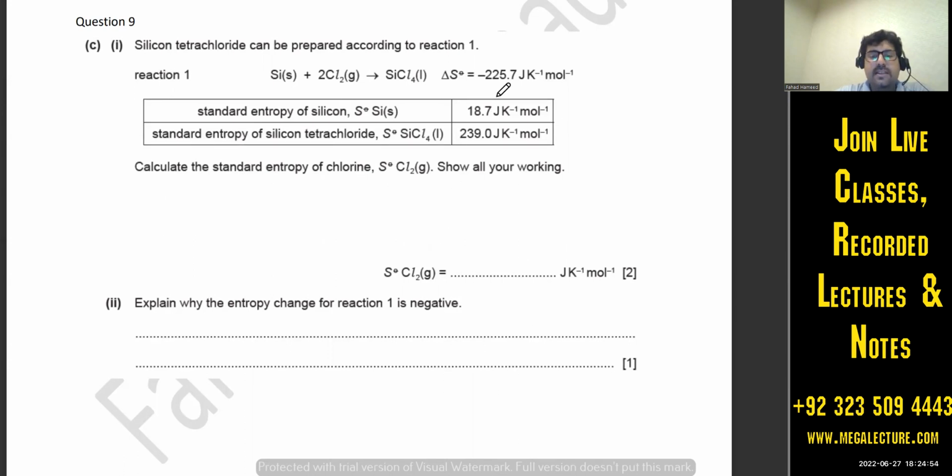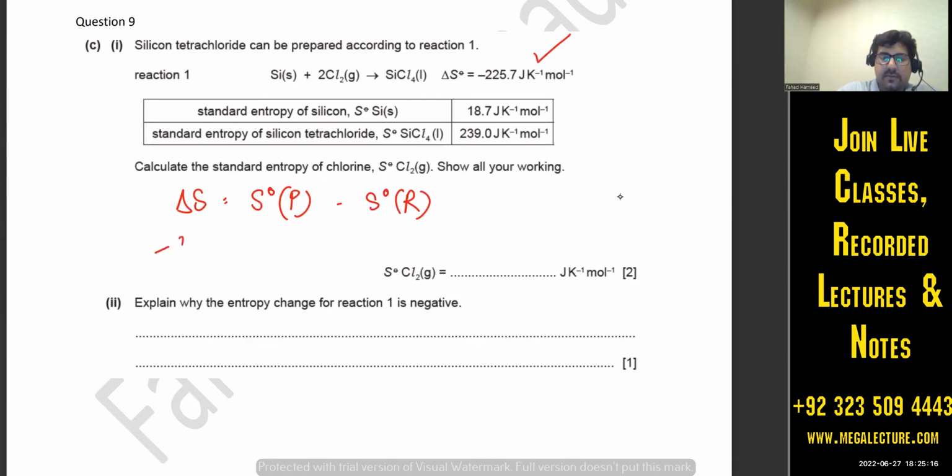Now in this question, it's the same formula, except that they're asking it the other way around because they've already calculated delta S. So delta S is already there, that's minus 225.7. The product SiCl4, that's also there, that's 239, and minus the reactant.